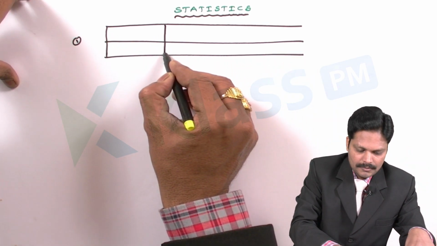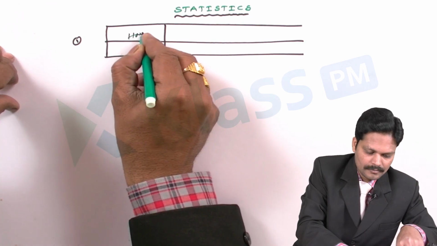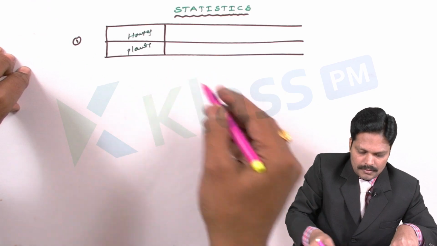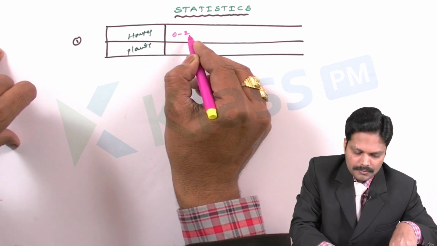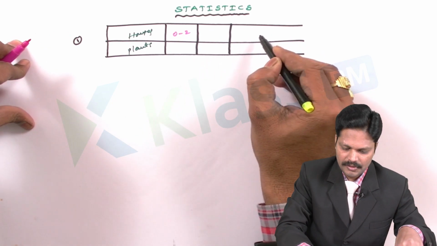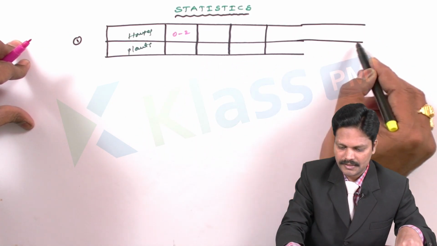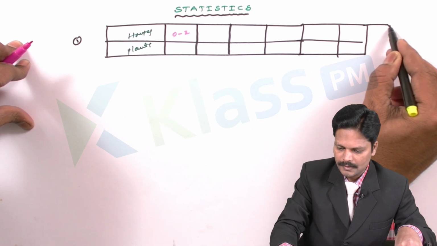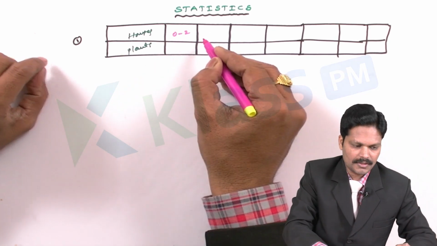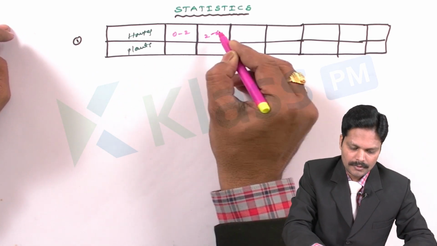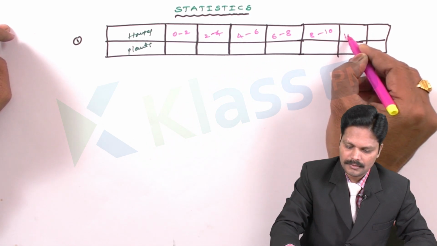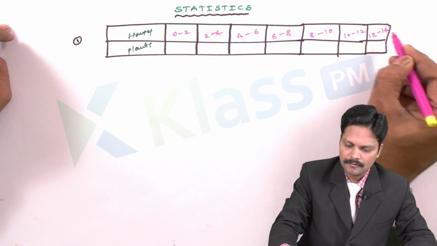So in the first column he has given houses and plants. So houses are 0 to 2, having some plants. First I'm writing all that data, the particular details for our calculations. He has given 7 columns. Here I'm taking 0 to 2, 2 to 4, 4 to 6, 6 to 8, 8 to 10, 10 to 12, 12 to 14.